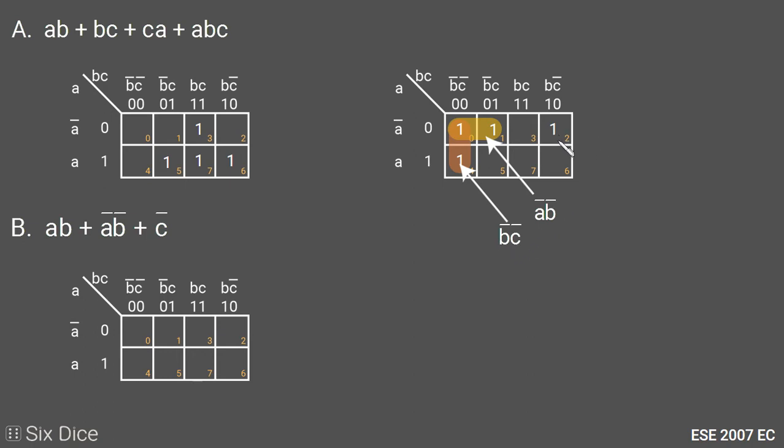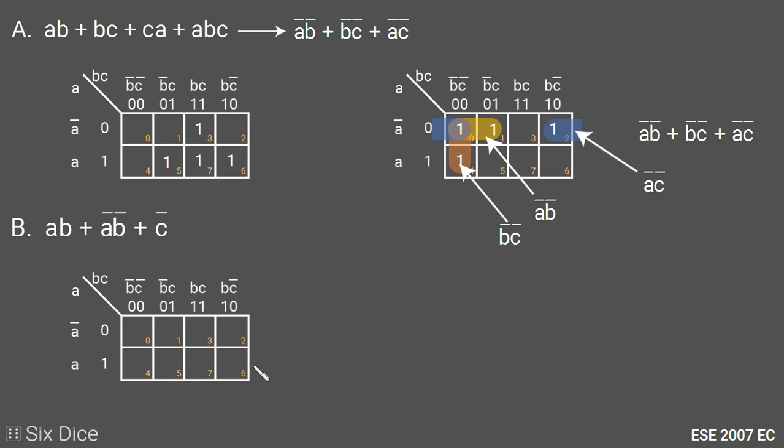For the third pair we will take the 0 cell and second cell, where A bar is common and C bar is common, so A bar C bar. So the inverse of this function will be A bar B bar plus B bar C bar plus A bar C bar.